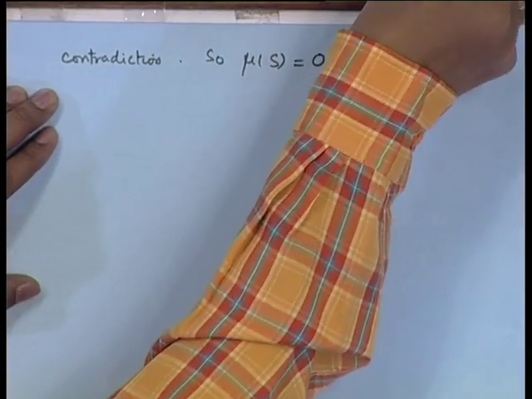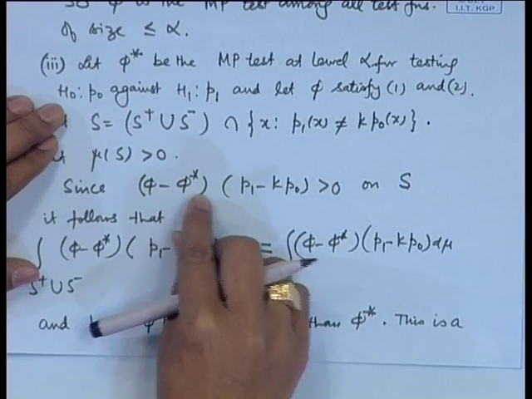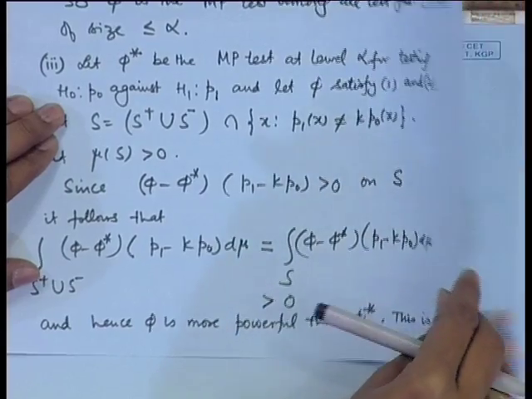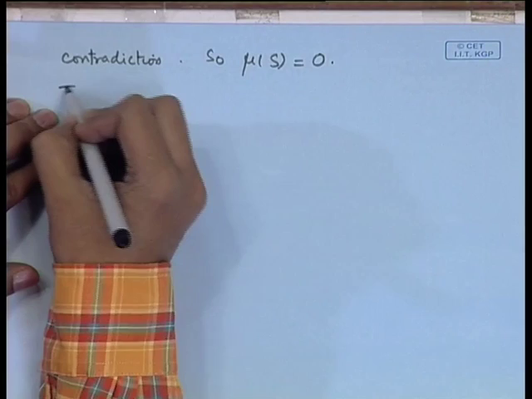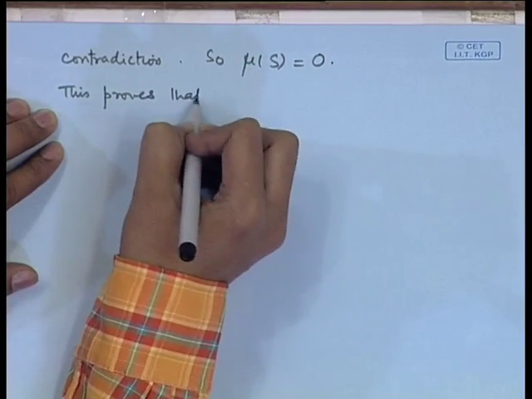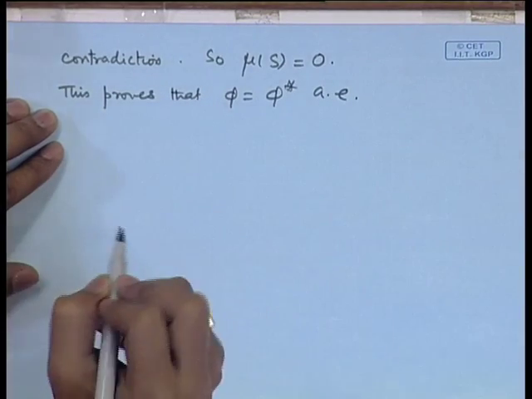That means, the set where you have this phi minus phi star times P 1 minus K P naught greater than 0, that set must have measure 0. This proves that phi and phi star are same almost everywhere.